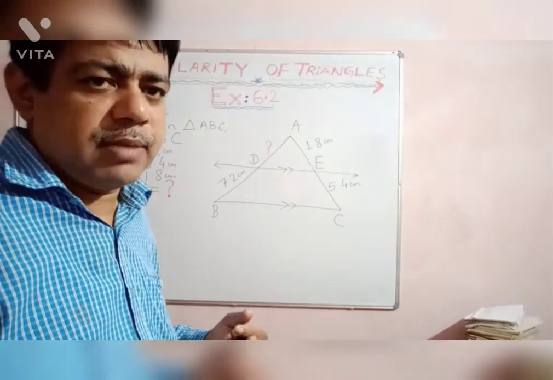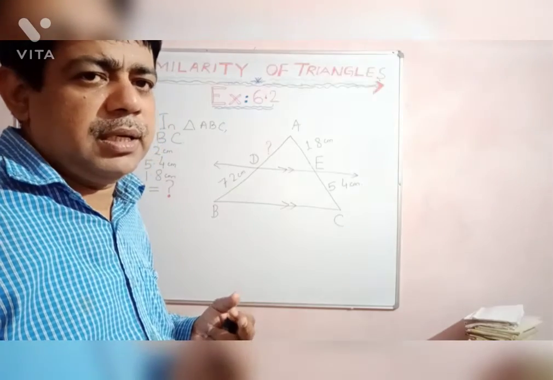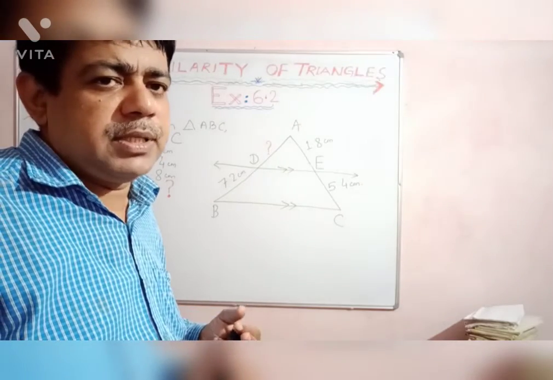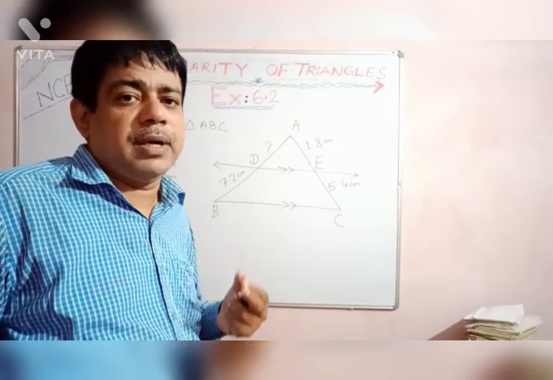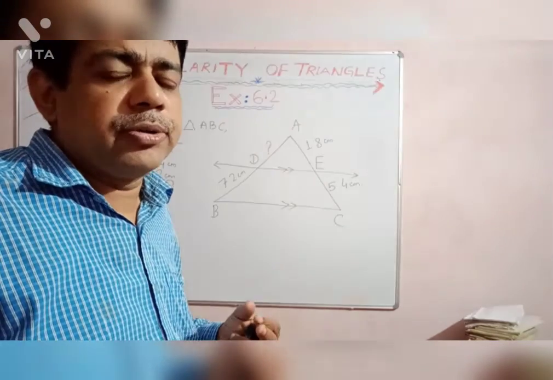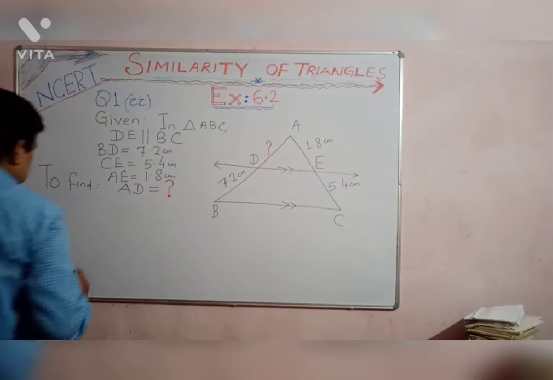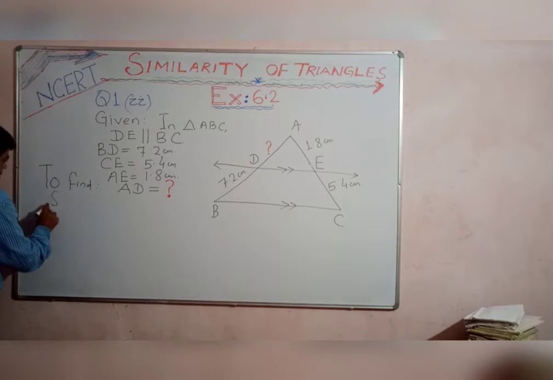This is the concept we are using. Yes or no? So in the triangle ABC, DE is parallel to BC. Let us find the solution.